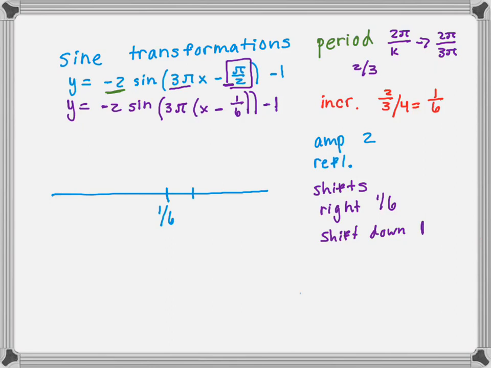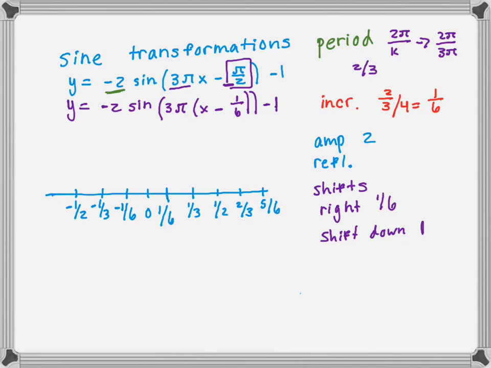So we have 1/6, and then we have 1/3, then 1/2, and then 2/3, and then finally 5/6. And going the other way, we have 0, -1/6, -1/3, -1/2, and then, is that it? Yeah, that's going to be it.